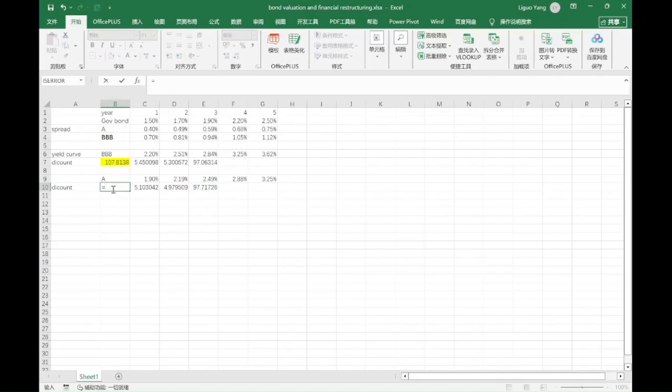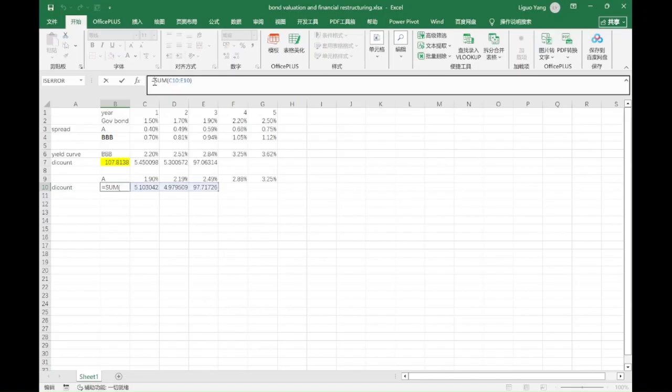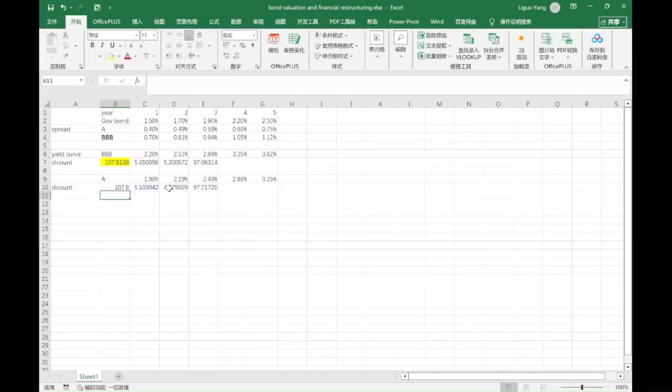So the present value of the future cash flows, when we round it up, is that exactly what we were told.